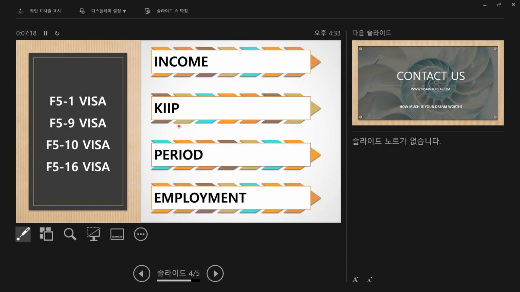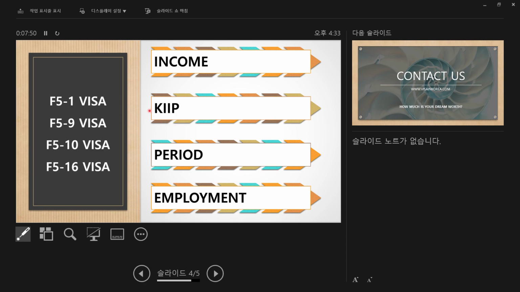The rule exempting Korean proficiency if you live in Korea over 10 years was canceled a long time ago, and she was shocked. There is no exemption anymore, even if you have been living in Korea over 10 years when you apply for the F5-1.